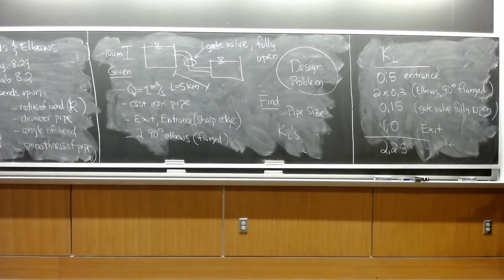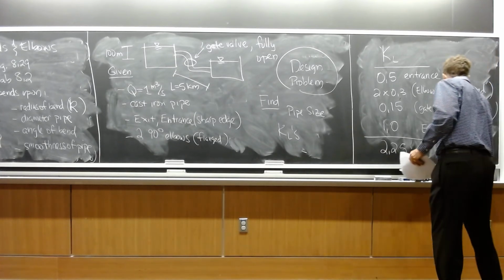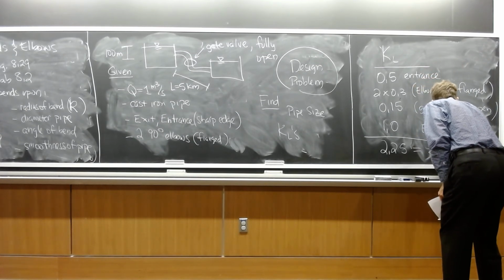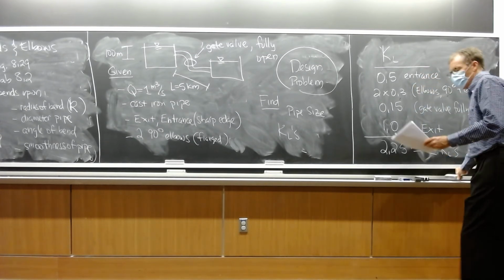I had previously said it was more complicated than that. We don't know how smooth the pipe is, but I did find that information. Okay, so we've got that, and so the sum of our K sub L's is this.